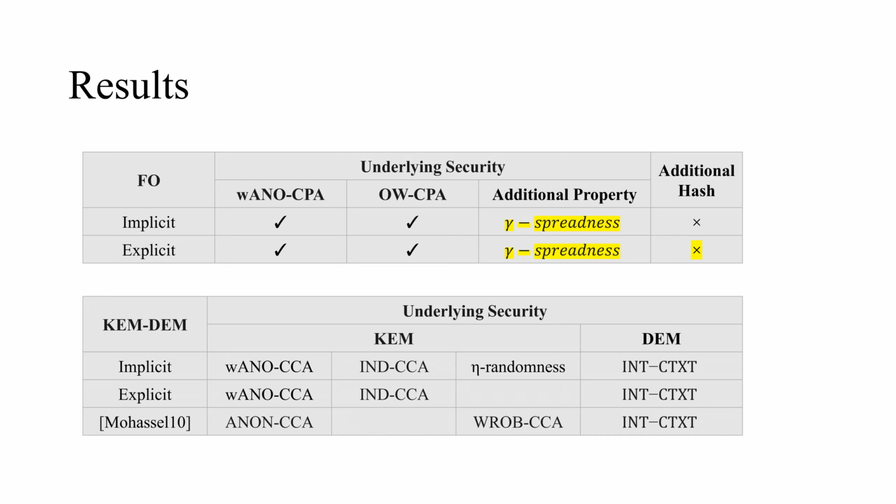Compared to the existing result of OAEP, this paper weakens the security assumption for the implicit case and requires no additional hash for the explicit case. Compared to the existing results of KEM and DEM, this paper refines the paradigm into the implicit and explicit cases to discuss them respectively, making the conclusions much clearer.